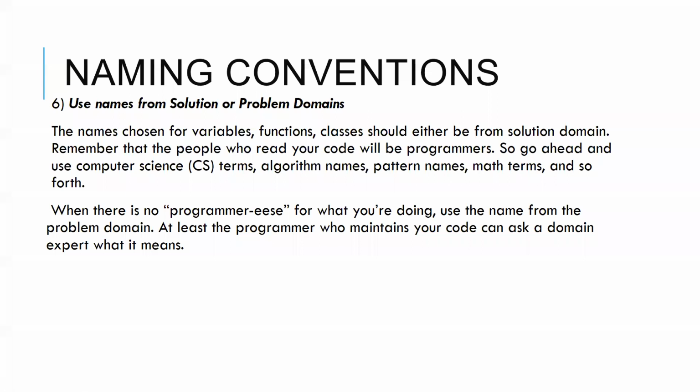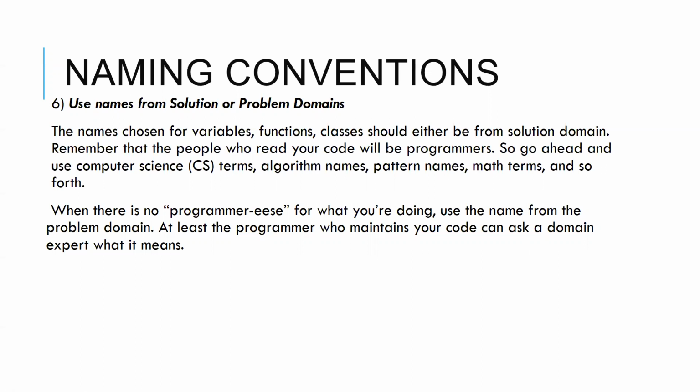The next tip for naming convention is that when you are choosing a name, the name should firstly come from the solution domain, and secondly, if not present in the solution domain, then it should come from the problem domain. The names chosen for variables, functions, classes should preferably be from the solution domain, the reason being the people who are going to deal with the code are programmers.